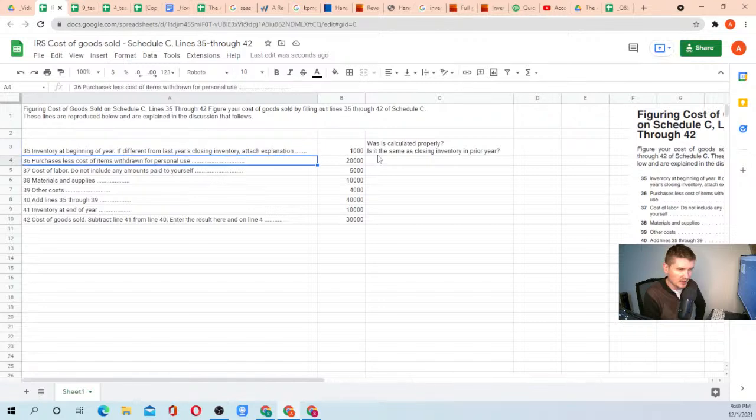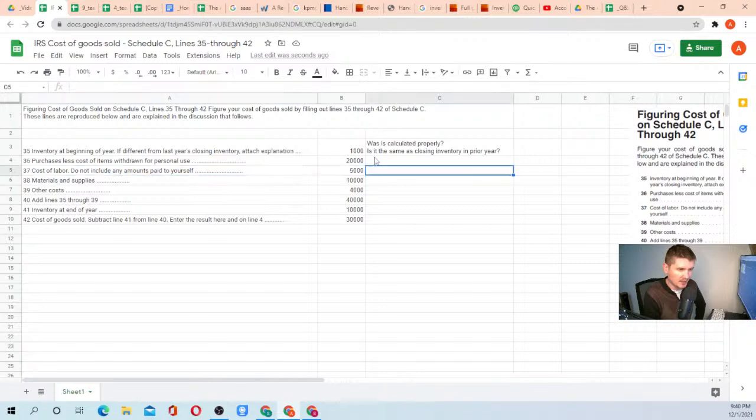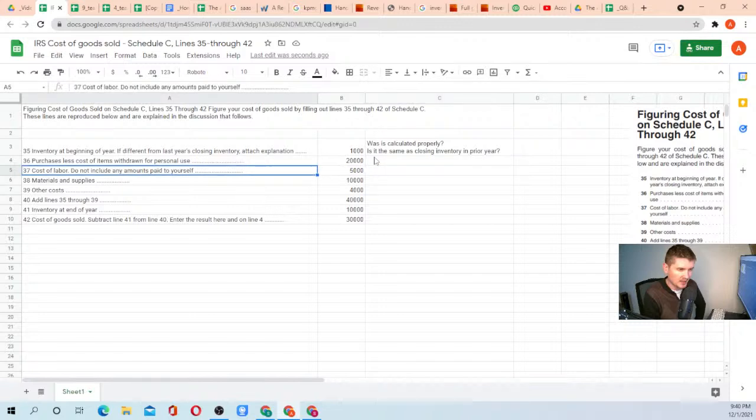Purchases. So we have a personal use item, so it's obvious here that we do not need to include the personal use items, but otherwise purchases seems like just the number we can get from our accounting records. Cost of labor: just a note here, there might be some labor.